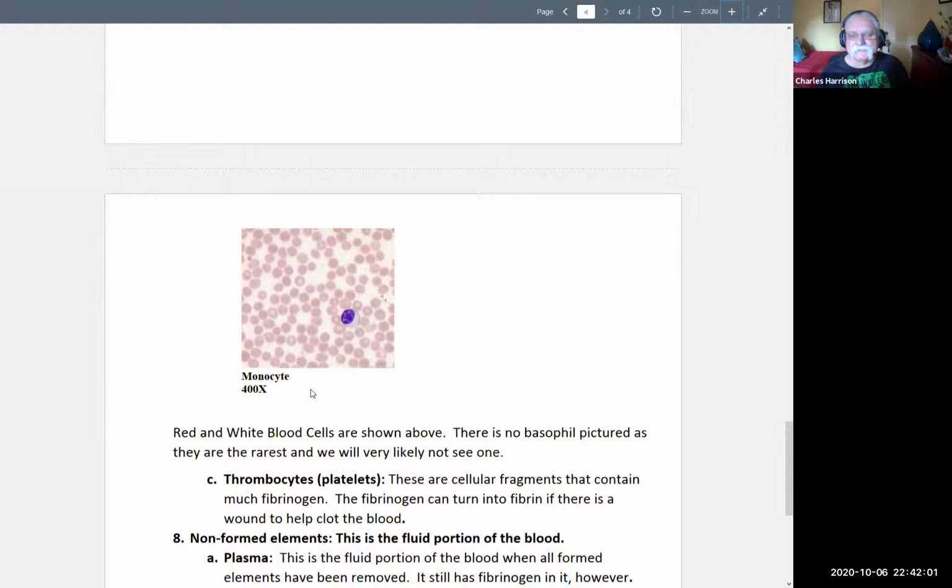It's there, but it's just the orientation that you're looking at. The monocyte, we have them all of the time, but they're especially prevalent if you have a recurring or chronic disease. That would be, for instance, TB or malaria.